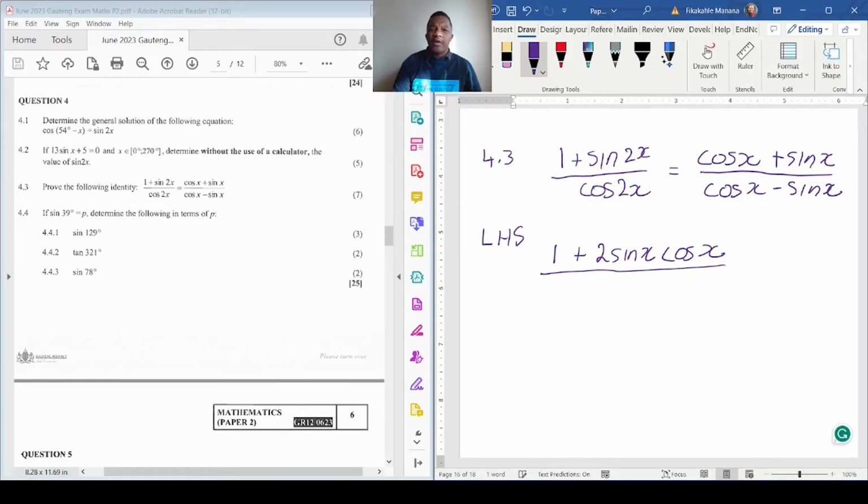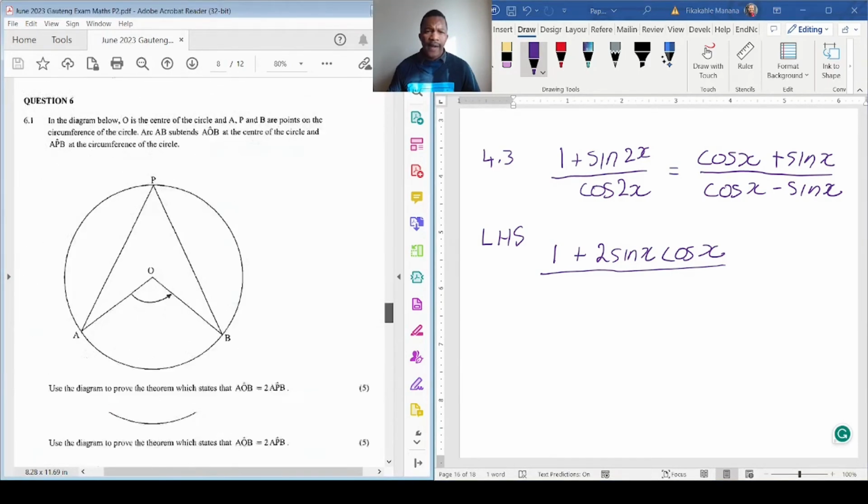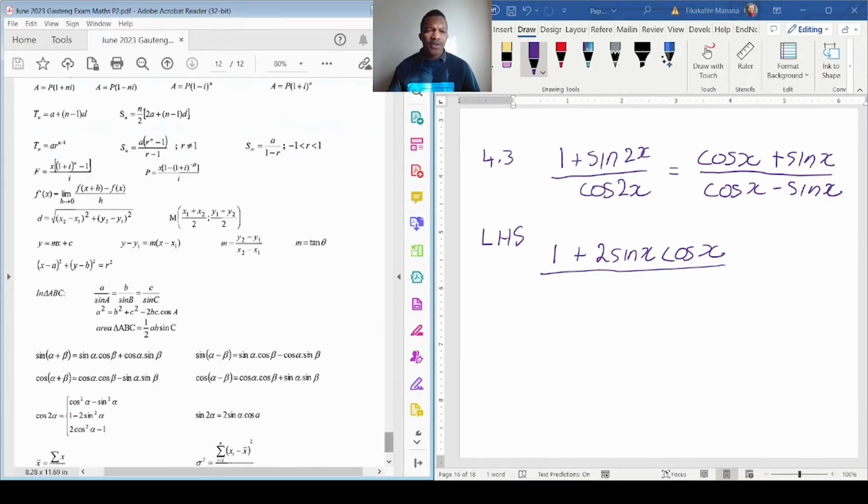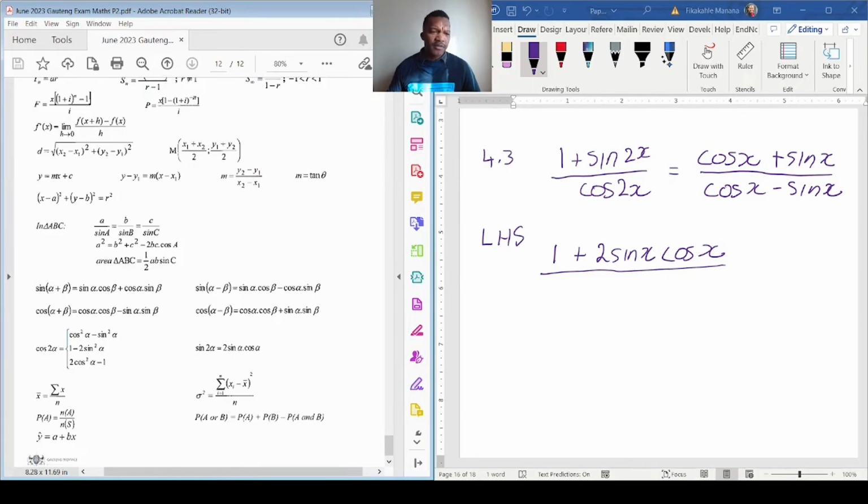All right, now the cos 2x is a bit of a tricky one because it has 3 solutions. If you look down here, this double angle, of course, it has 3. Now, how do you know which one to pick? Sometimes it's easy to tell, but sometimes it's not. It just takes a trained eye to know which one to use.